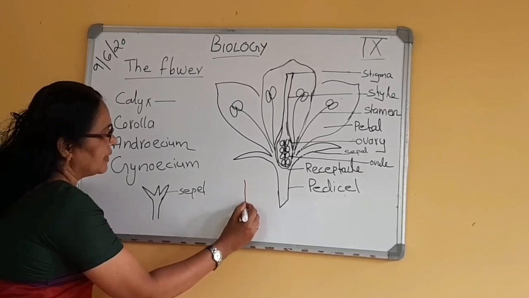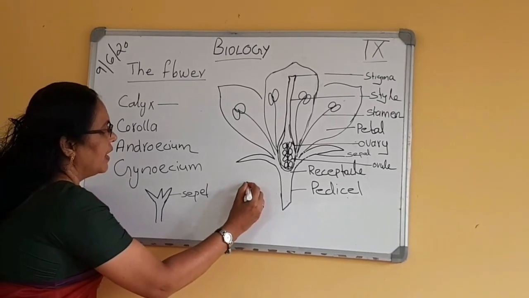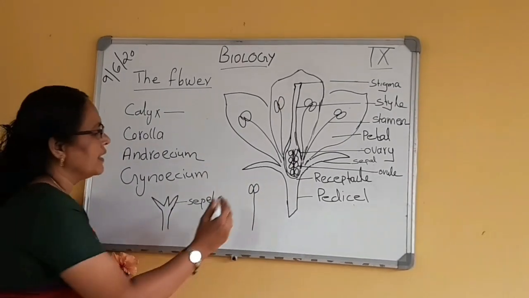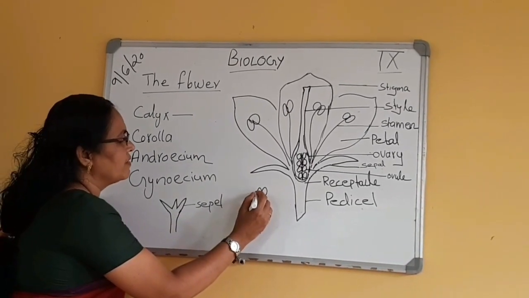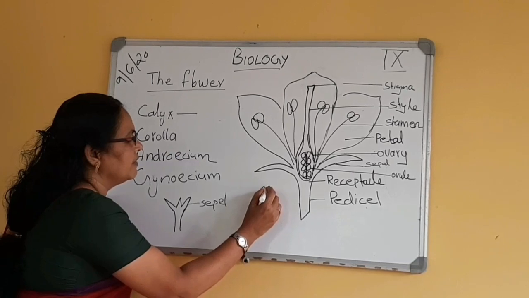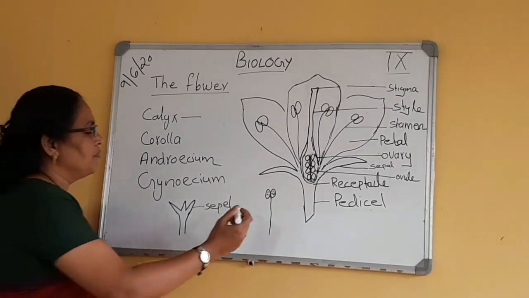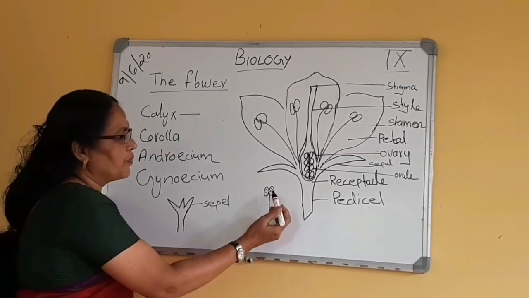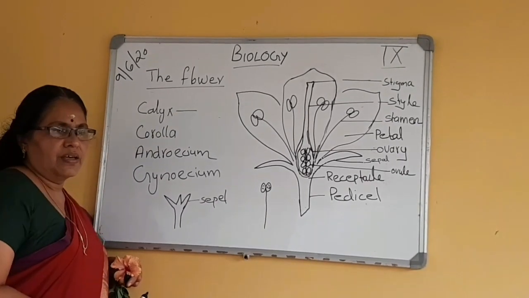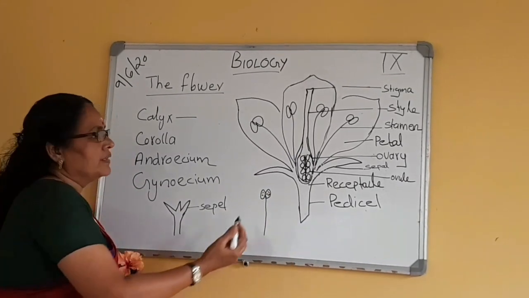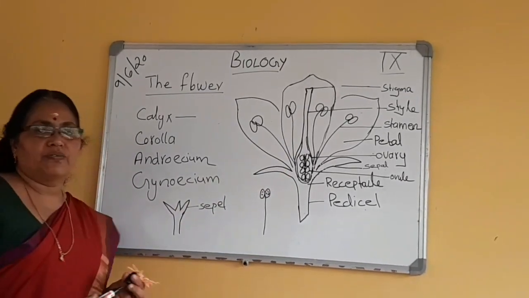A filament like this, and at the tip of it there is an anther like this. Anther contains pollen sacs that contain the pollen grains. So the main function of the anther is to produce the pollen grains. Pollen grains are the male sex cell of the flower. The androecium is the male part of the flower.